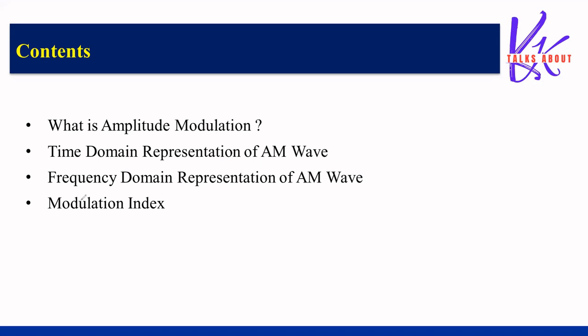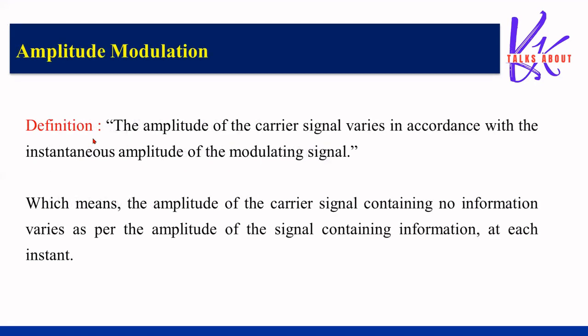So before going to what is amplitude modulation, let us see where we use this amplitude modulation technique. In the previous lectures, we have discussed the communication system. So whenever I want to transmit information over a longer distance, at the transmitter side, the information which is to be transmitted is modulated.